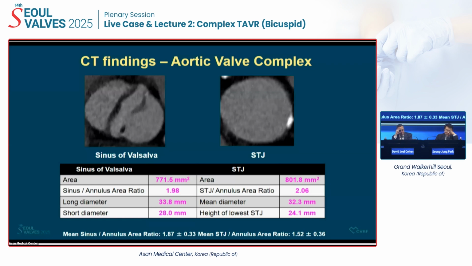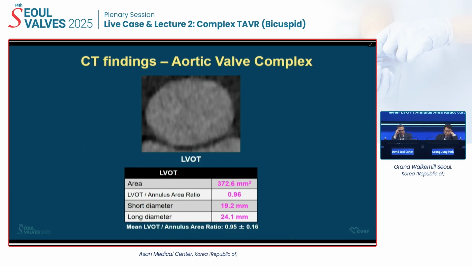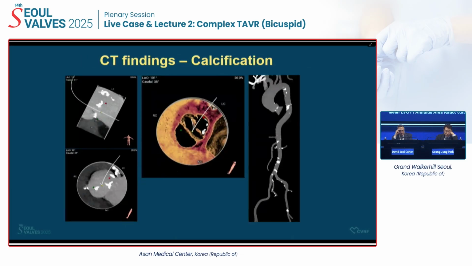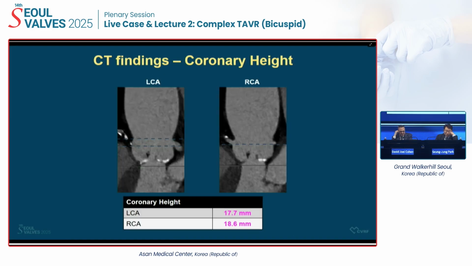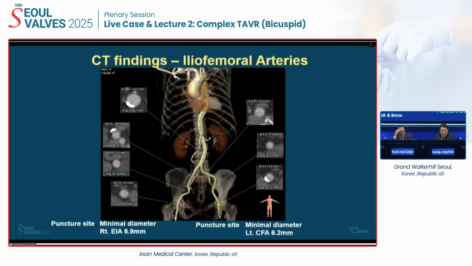LVOT area was 372, and calcium volume of the aortic valve was 142. Coronary height of the LCA was 17.7 and RCA was 18.6 millimeters. Peripheral arteries were fine without significant heavy calcification or severe tortuosity. Minimum diameter of the femoral artery was 6 to 7 millimeters.